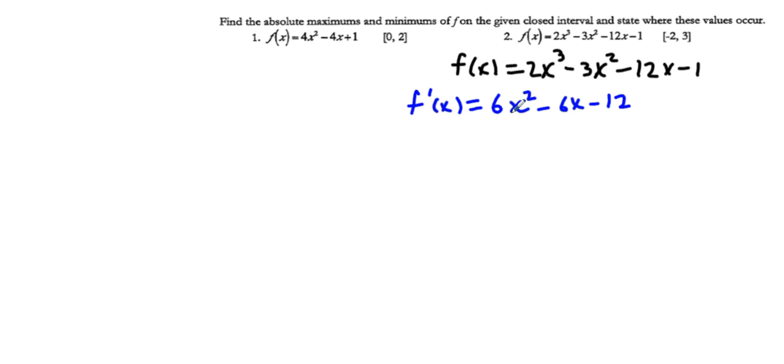Now we find the critical points by setting this first derivative equal to 0. So 0 equals 6x squared minus 6x minus 12.